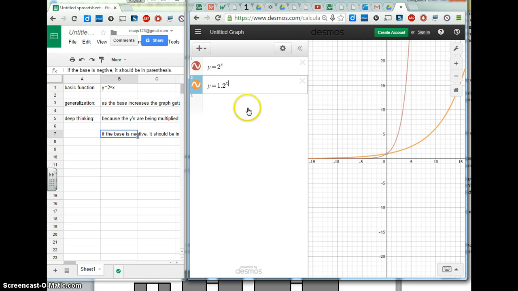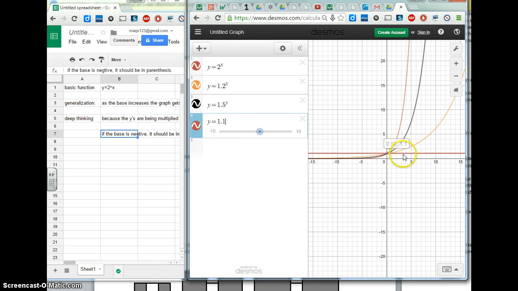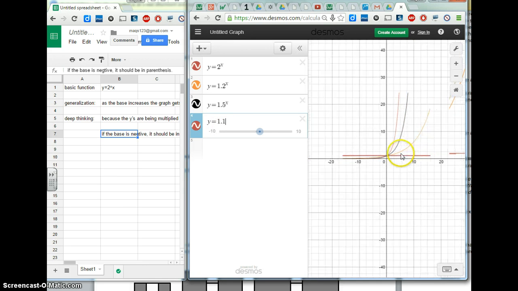And then make it 1.5 to the x. Okay, so the original one's the red one. So it looks like the bigger the number, the closer to the red. So the smaller the number, the flatter it is.